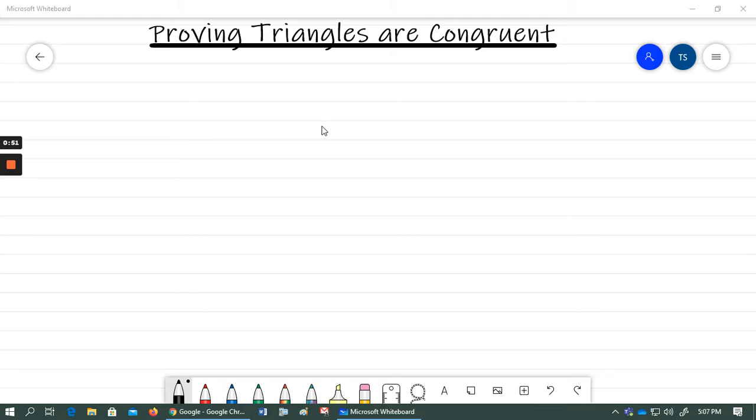We're going to review that and go into more examples with how to prove triangles congruent, because in that last video we didn't actually get into any specific examples with those 5 congruency shortcuts that we discussed. So let's review, and then we'll pick up right where we left off.